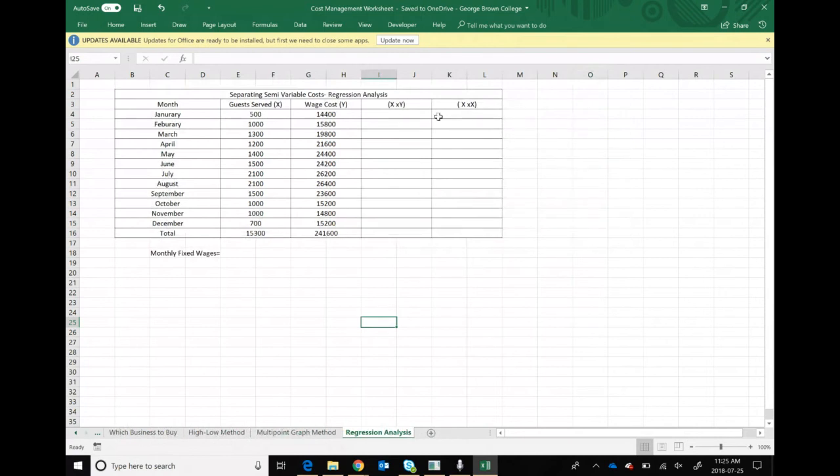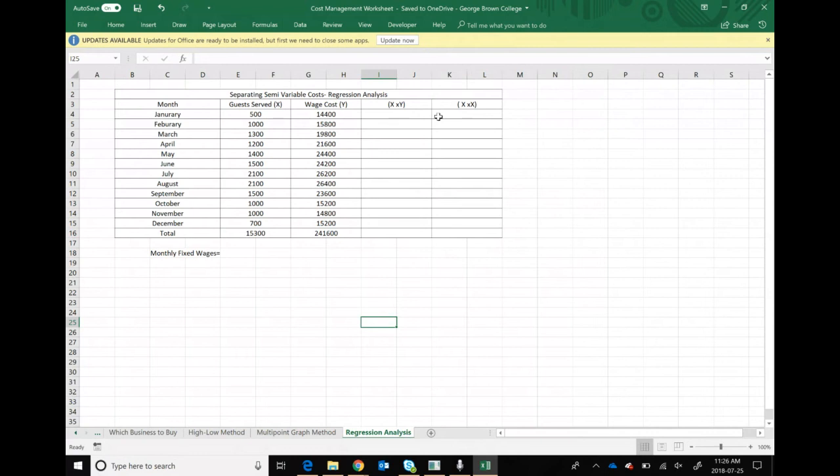So we're going to use the same information that we were using before, but in a different way, just like the other methods. We have to do a few things first before we can actually do a regression analysis.